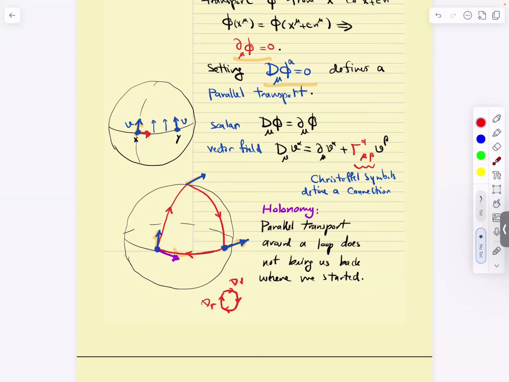The answer to this depends on what goes through the loop. Right? That's the very meaning of non-locality, that you're integrating something on a line and it ends up depending on something outside. This is what the non-locality is.